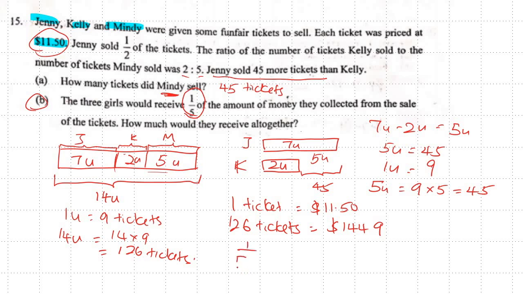So they'll only receive 1/5 times 1449, which equals 289.80. So this is the total amount that they will receive. They didn't say otherwise. If they asked whether each of them would receive a different ratio, then you would further break this down into different ratios. This is a very simple example.